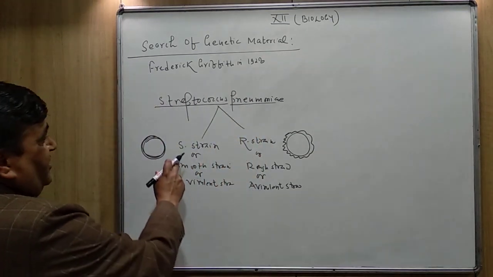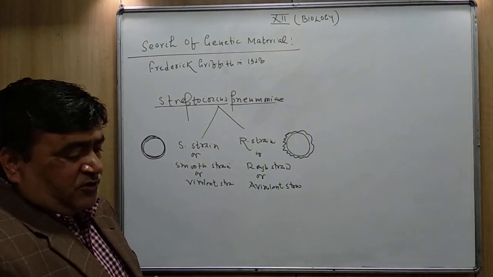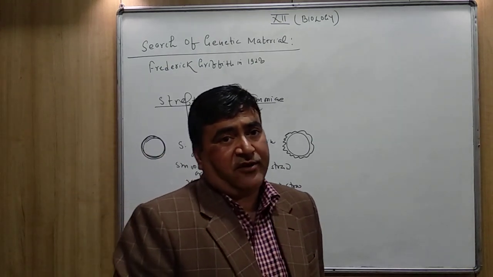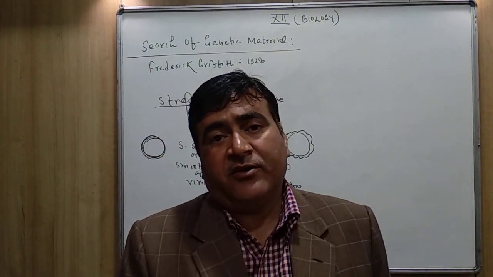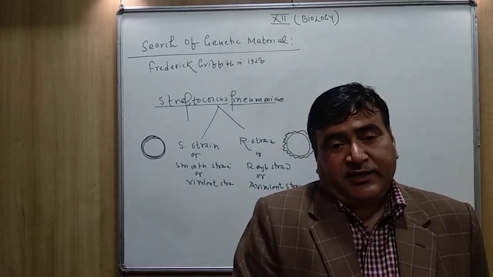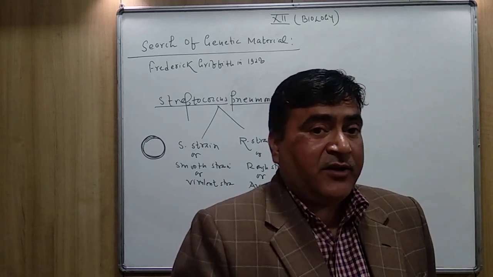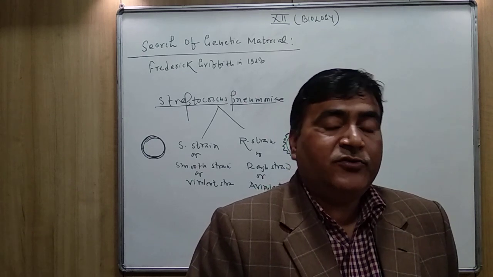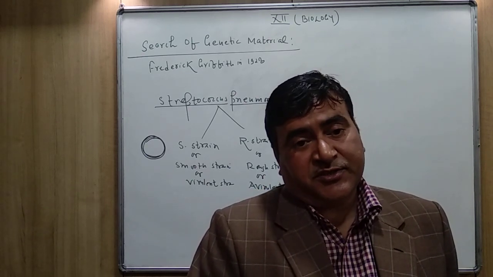The S strain, or smooth strain, is also known as the virulent strain. What do you mean by virulent? What is virulency? Virulency is the ability of any microorganism to cause disease.